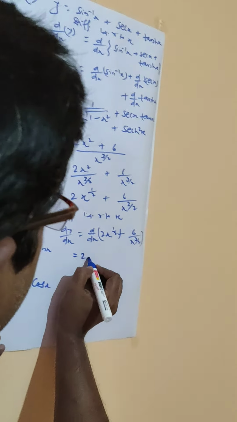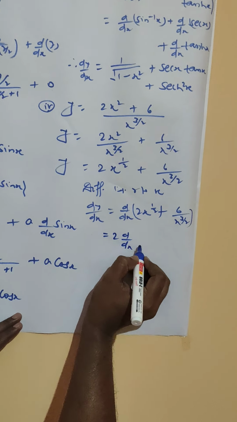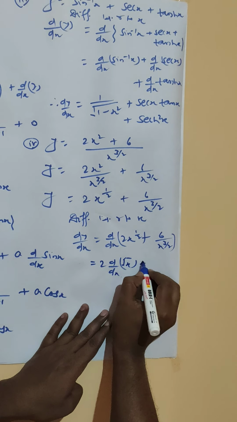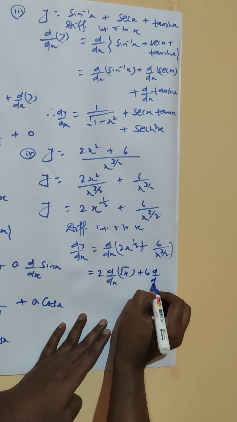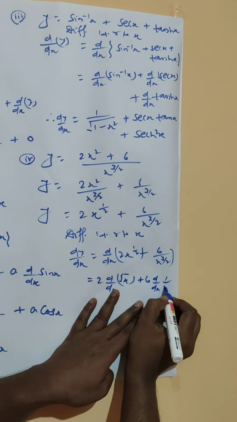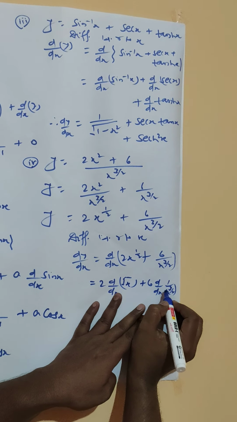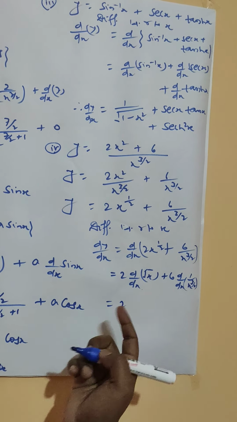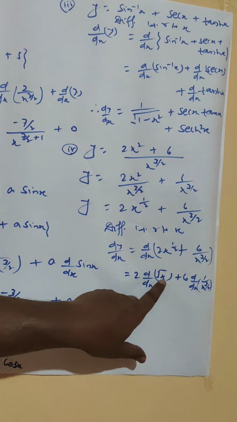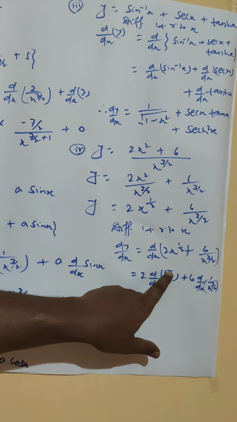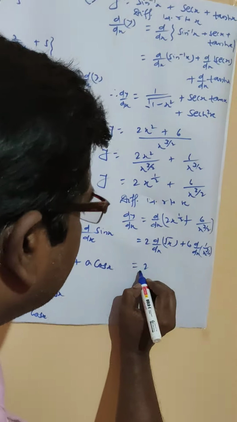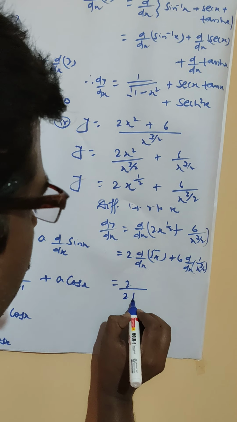At first separate: 2 d by dx of root x, and d by dx of 1 by x raised to 3 by 2. For root x, the derivative is 1 by 2 root x. Here x raised to half, so according to the x raised to n result, half x raised to half minus 1. So here it will be 2 by 2 root x.